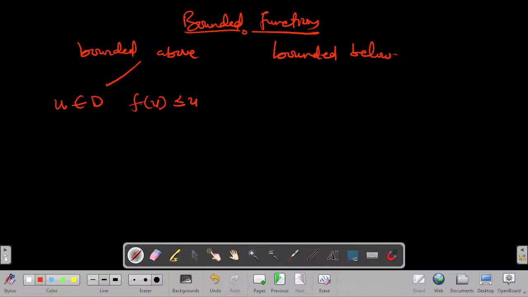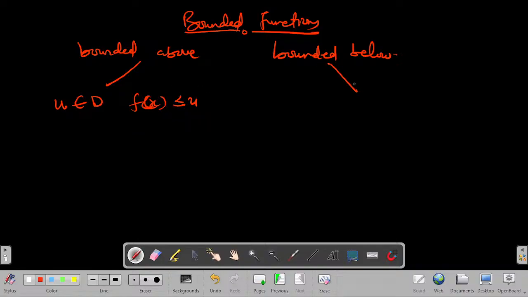It means your set of outputs can never be greater than that. It's the upper bound or upper boundary.